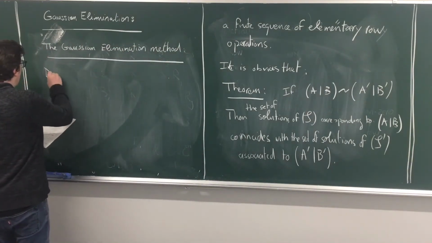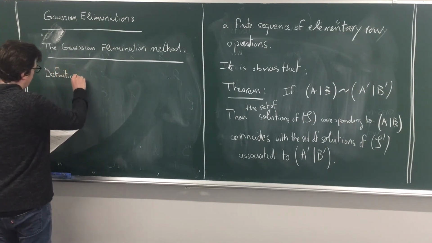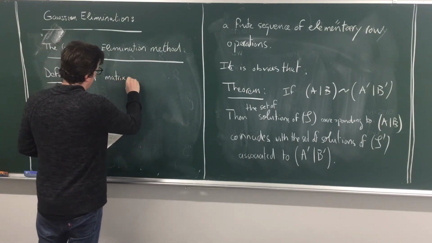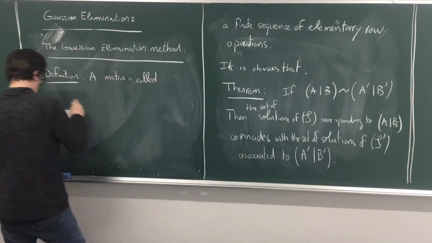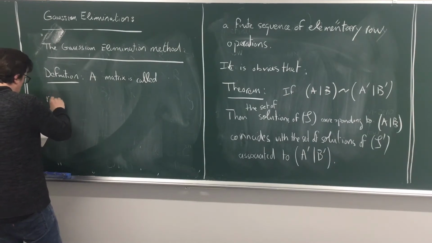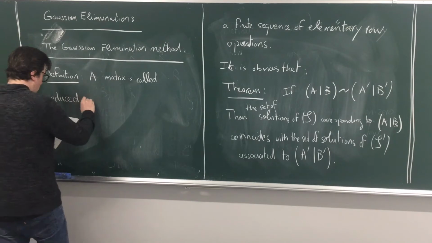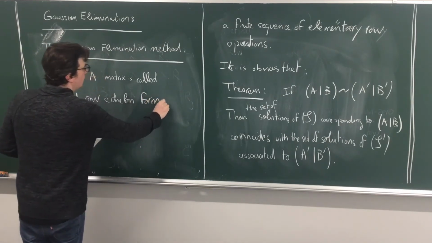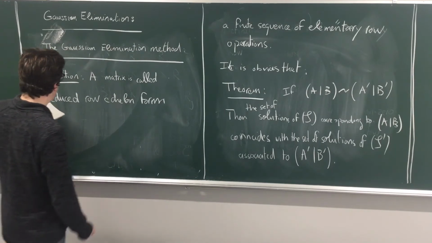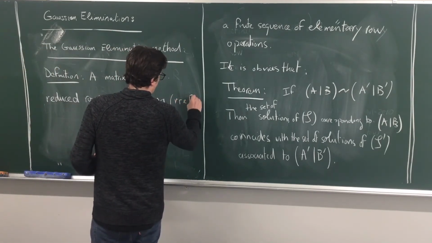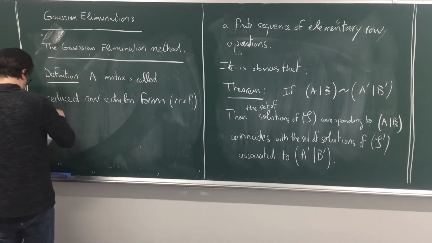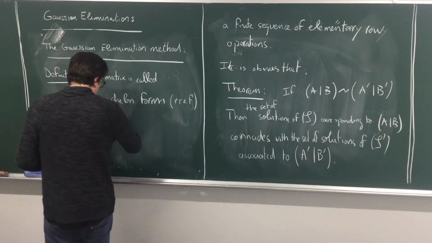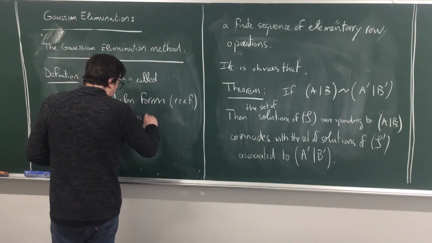Definition: a matrix is called a reduced row echelon form, with the abbreviation RREF, if the following conditions hold.